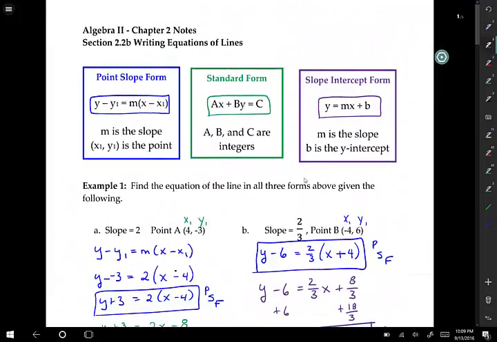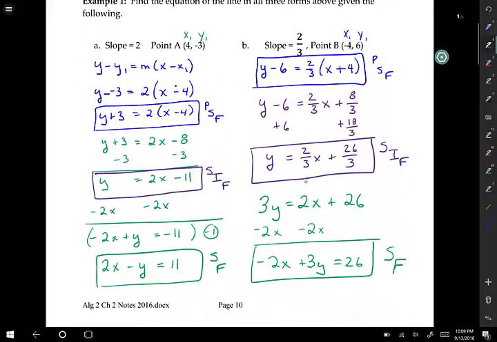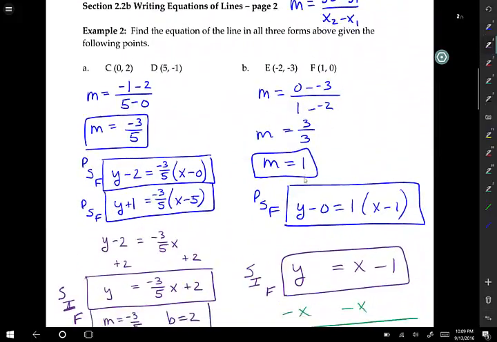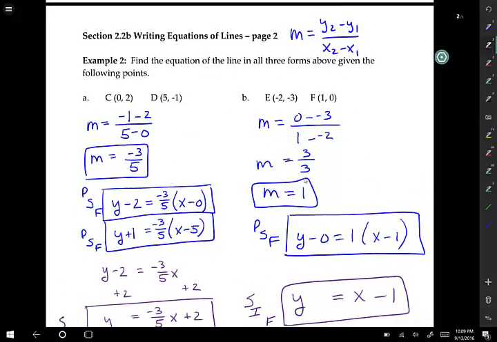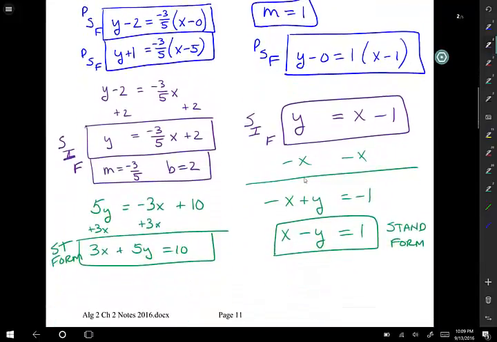We started off by talking about 3 forms of slope: point slope, standard, and slope intercept. We determined that we could find all of those different forms by manipulating the equations and solving for various forms. Then we found a reminder of how to find the slope using the equation y2 minus y1 over x2 minus x1, and we found our various forms of slope again, always starting with the point slope form in blue.